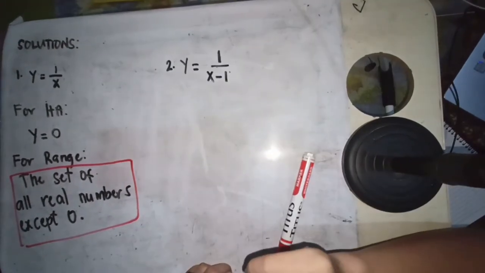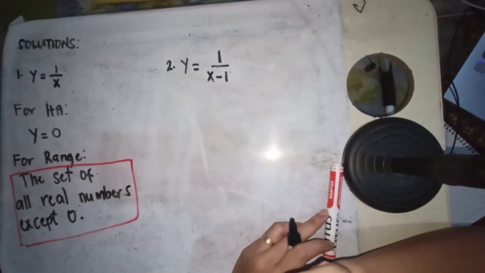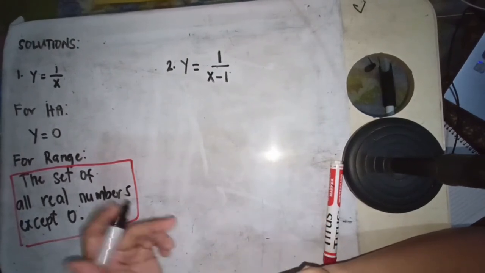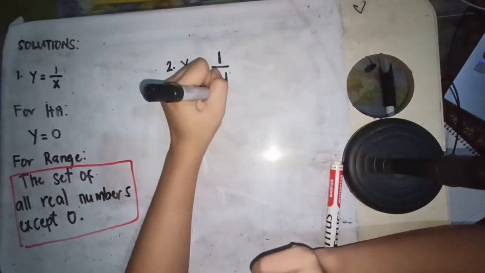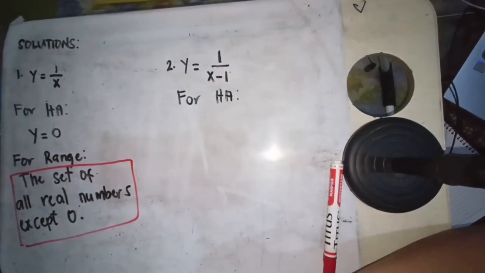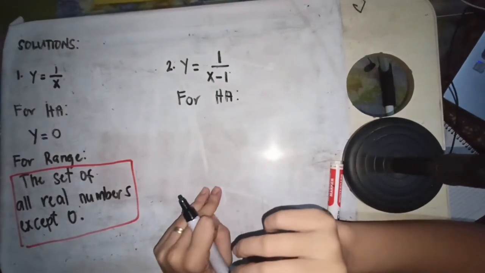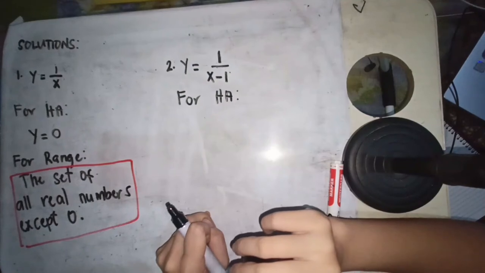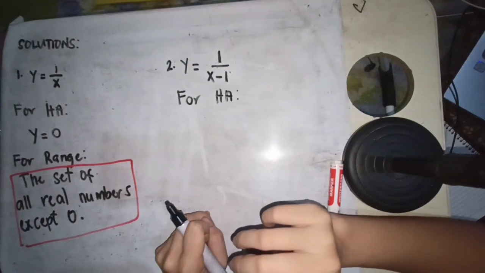For our number 2 example, we have the given y equals 1 over x minus 1. Again, in determining the range of a given rational function, the first thing we do is find the horizontal asymptote. Again, in finding the horizontal asymptote, we only have three conditions. First, if the degree of our numerator is less than the degree of our denominator, then our horizontal asymptote is y equals 0.